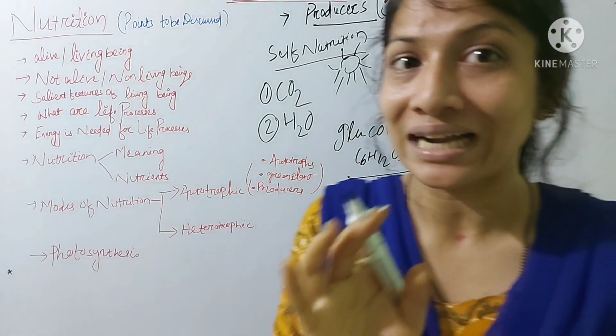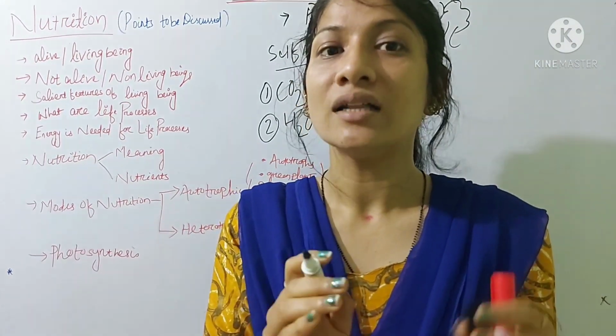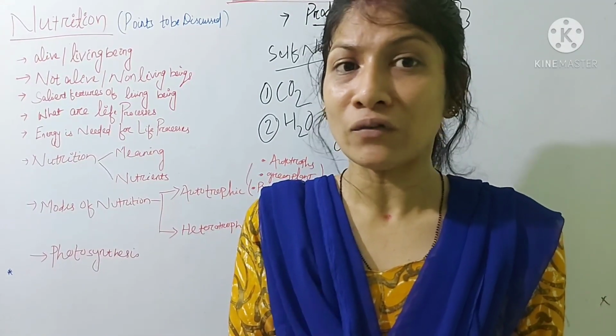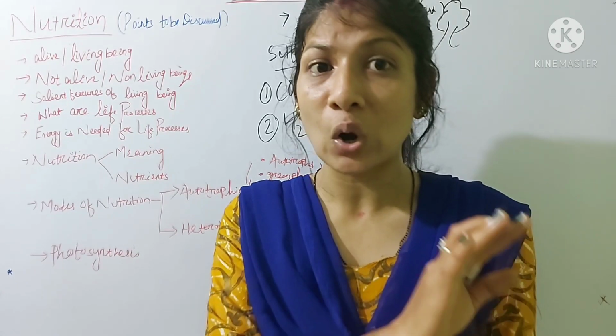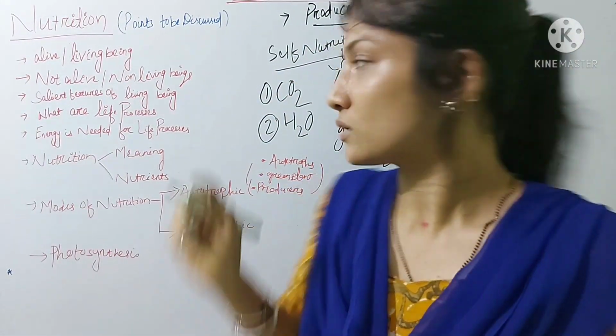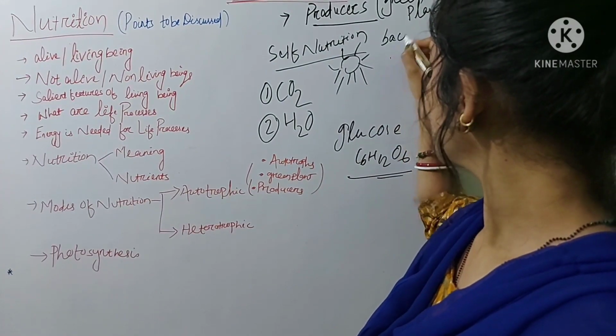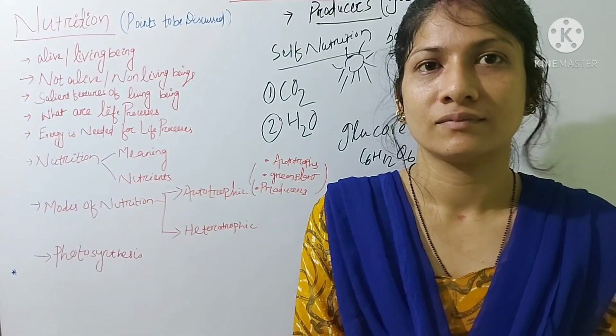Not all the bacteria, only some bacteria which have the green pigment, that is the chlorophyll pigment. These bacteria are known as the autotrophs, but not all the bacteria are the producer or the autotrophs.